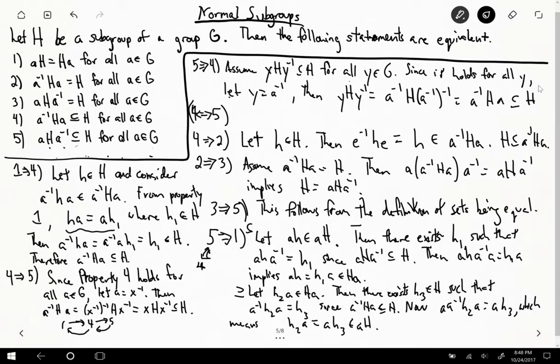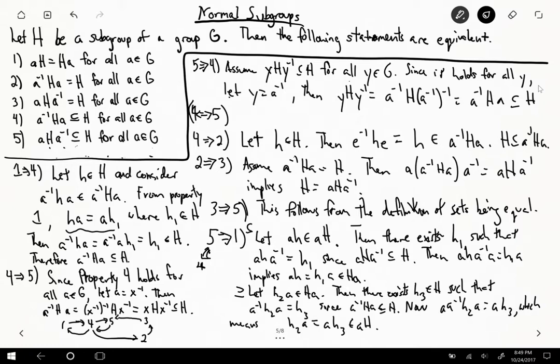So 4 went to 2, 2 went to 3, and 3 went to 5. And so we've made full circle here, and we're able to close this thing off. So we have all these statements being equivalent. All of them mean the same thing, that they are normal subgroups. So that's all we needed to show, and we have our result right away. So hopefully that makes sense, how they all work out.